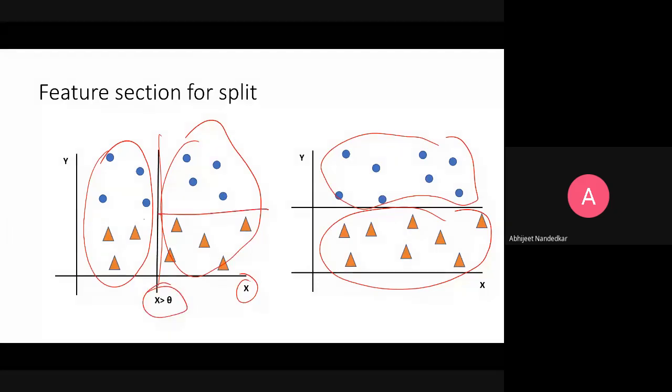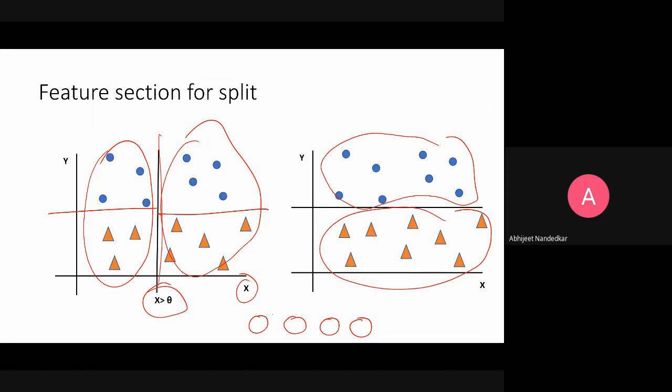further divide this into four sections, and then you can get pure orange and pure blue nodes. So here in the first case, if I follow the first procedure, then I will require four leaf nodes for omega 1 and omega 2.